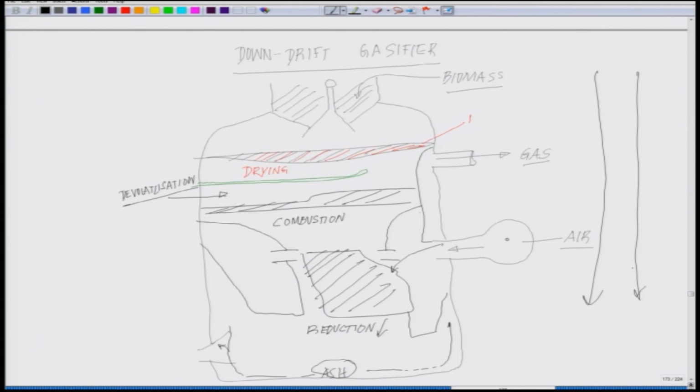That means feed and the air move in the same direction. Point 1 for your take home message will be feed, which is basically equivalent to biomass, and the air move in the same direction. That is, both of them are moving downward. That is why we call it a downdraft gasifier.